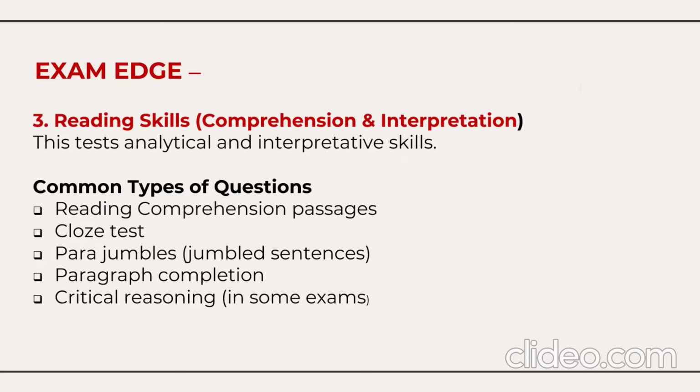Then reading comprehension: cloze test, para-jumbles, paragraph completion. From these topics you'll have questions in MCQ format, multiple choice questions. In the third semester BA, you'll have 10 MCQ questions, and here is a model.